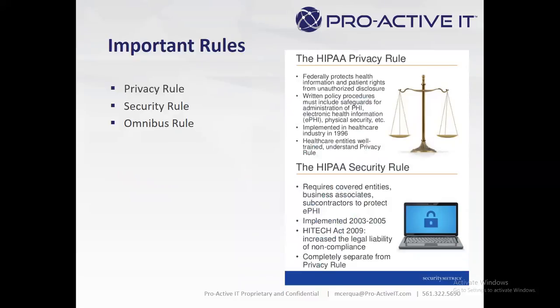The security rule, which is a critical path toward compliancy, and it's what we're discussing here today, defines the standards for safeguarding protected health information, specifically in electronic form, from unauthorized disclosures, destruction, or loss. The omnibus rule expands the definition of a business associate and directly regulates these business associates and their subcontractors. We're going to be looking at what a business associate is shortly.